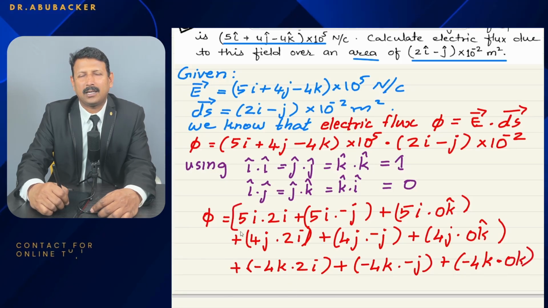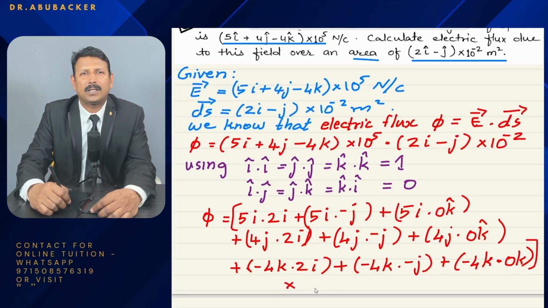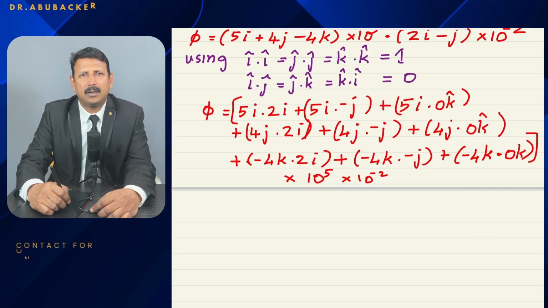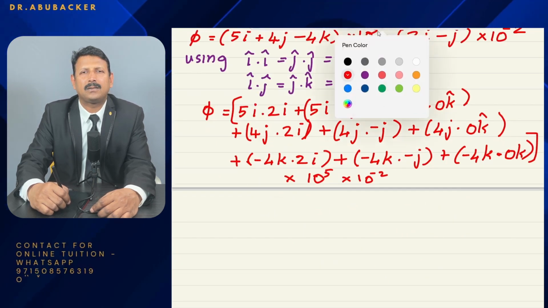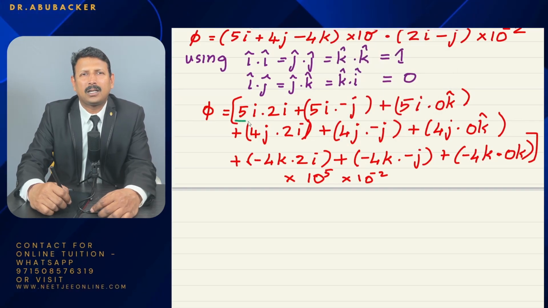Now you got the idea, what will exist, what will vanish. Now the third term: minus 4k dot 2i, plus minus 4k dot minus j, plus minus 4k dot 0k. Can you identify what exists and what vanishes?